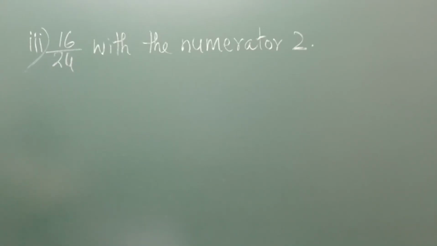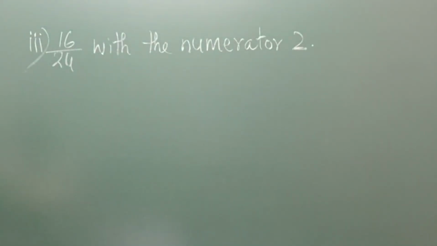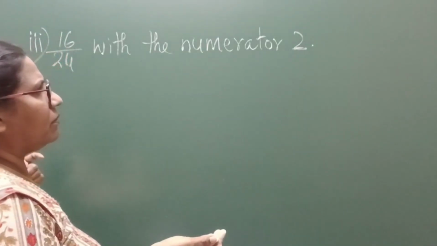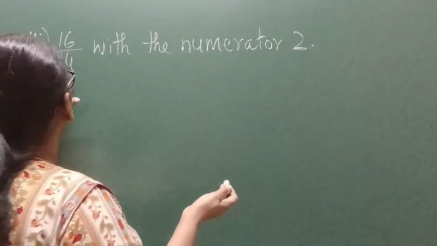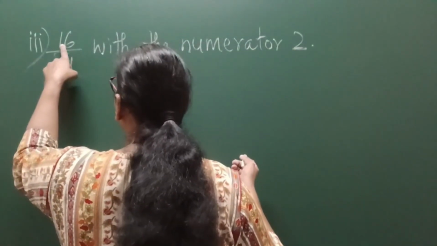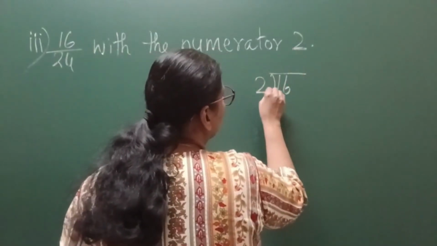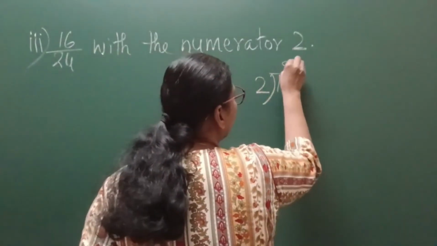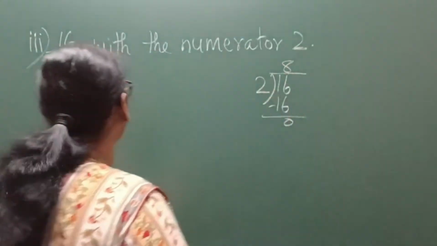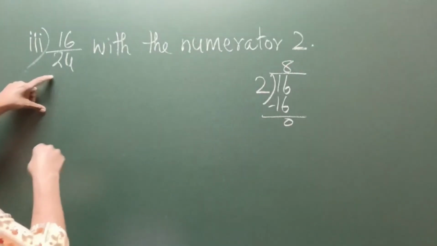We have to find an equivalent fraction with the numerator 2. To obtain the new denominator, we have to divide the given fraction's numerator by the new numerator. Then we get 2 eights are 16. We get the factor to find the new denominator.